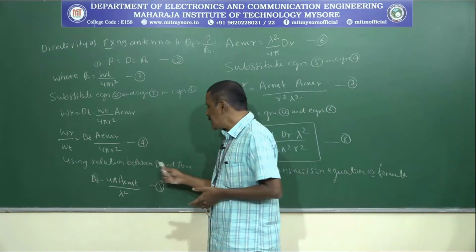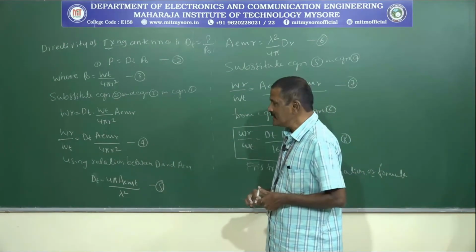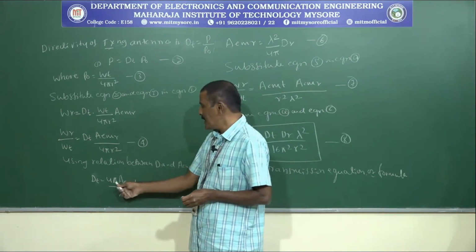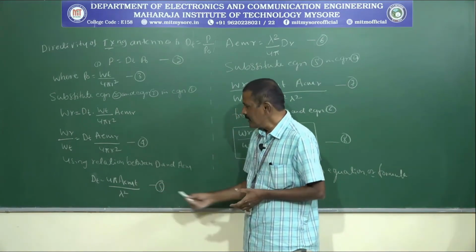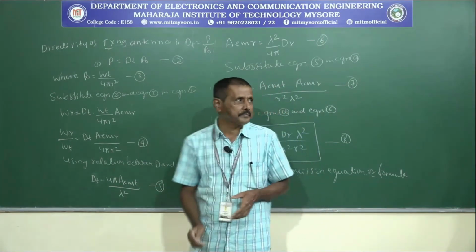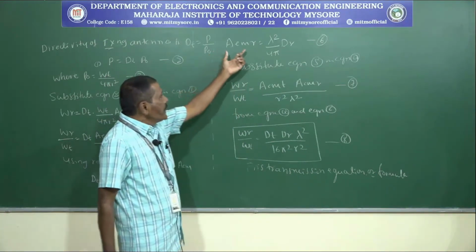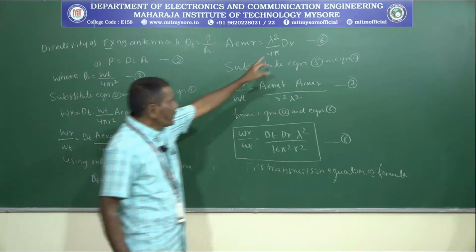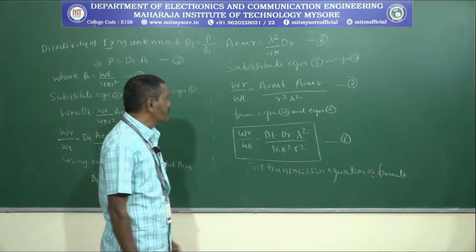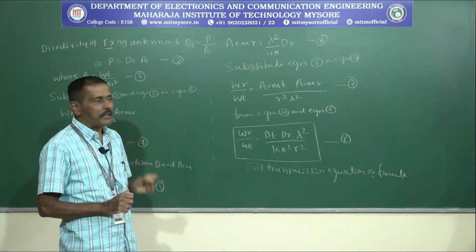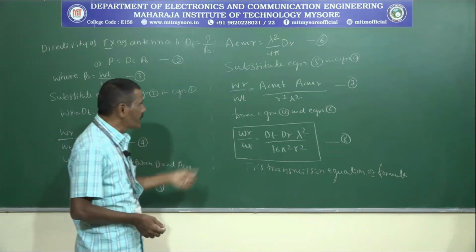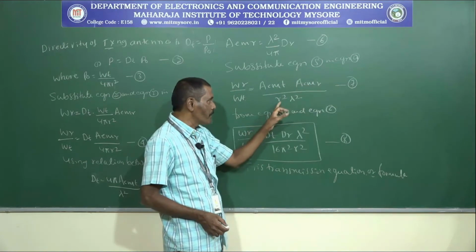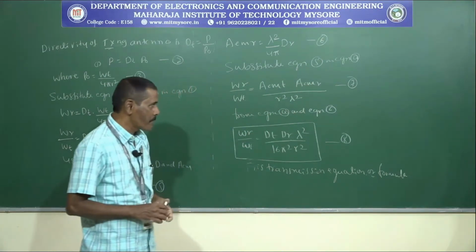Now, using the relation between D and AEM from the previous class, we can write the directivity of the transmitting antenna as dt equal to 4 pi AEMT divided by lambda square, equation number 5. Now, AEMR equal to lambda square divided by 4 pi into dr, equation number 6. Substitute equation number 5 in equation number 4, then Wr divided by Wt is equal to AEMT into AEMR divided by r square into lambda square.